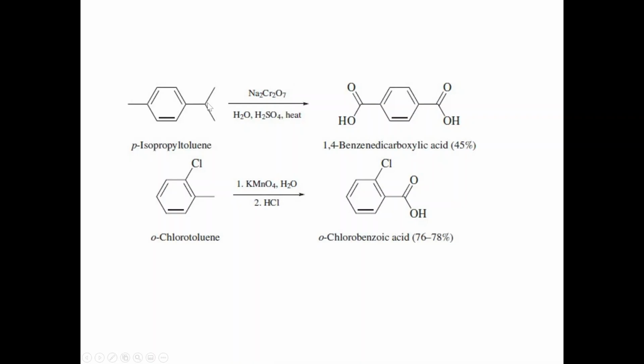In order for this oxidation to work, the carbon at the benzylic position, which is the position directly adjacent to the benzene ring, has to have at least one hydrogen. So if instead of an isopropyl group, this were a tert-butyl group with 3 additional methyl groups coming off and no benzylic hydrogen, then this reagent would only oxidize the methyl group over here.